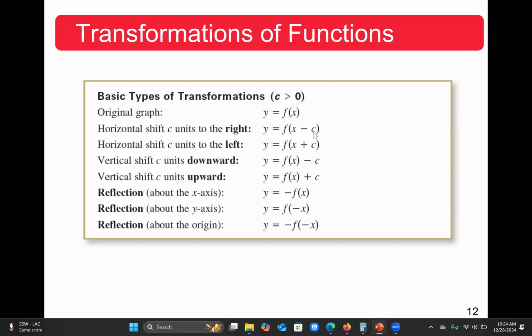When it's minus a constant value, let's say 2, 3, any value, it's a horizontal shift to the right. In our example, the constant value was plus 2, so it shifts to the left. Now we also see f of x minus 6, which will shift downward. Plus 6, we saw the plus 2 shift upward. And the reflection, whether it opens downward or opens upward.